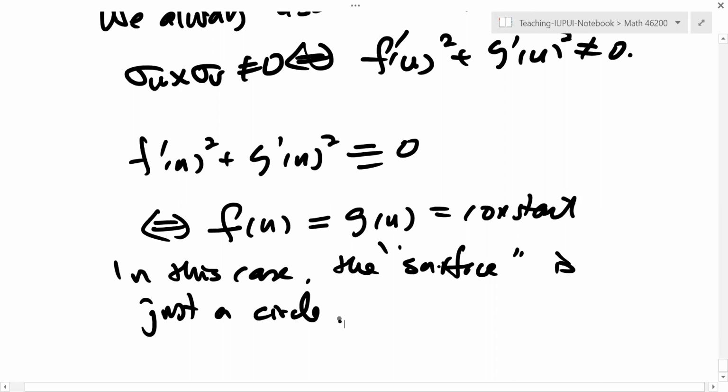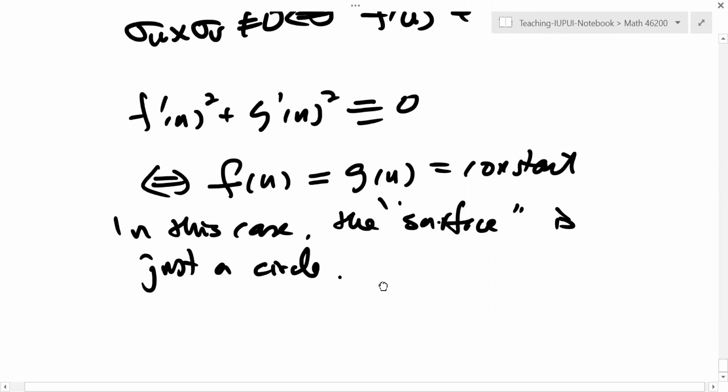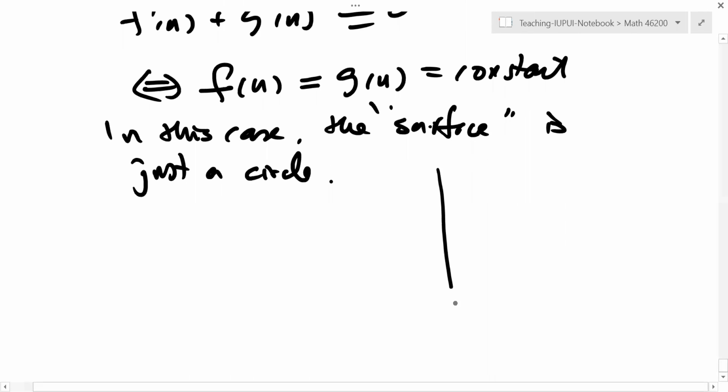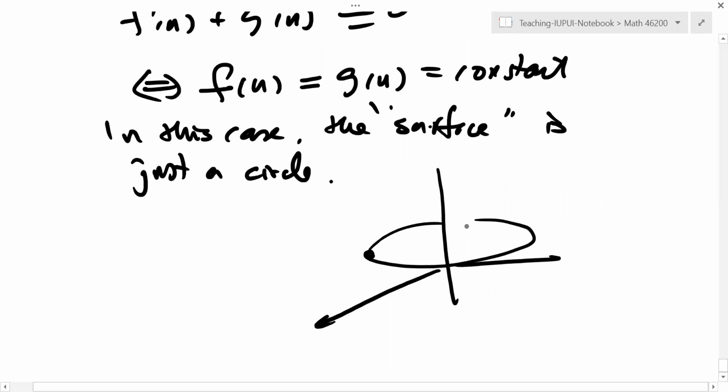It's degenerate. It's constant, it's a point. When F, G are all independent of u, then when you rotate, it's just a circle. So that's it.